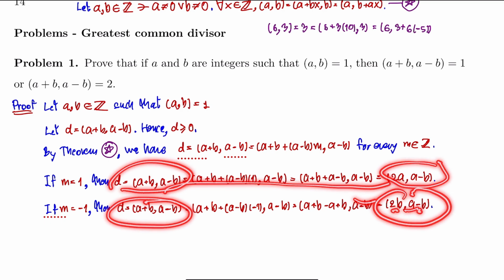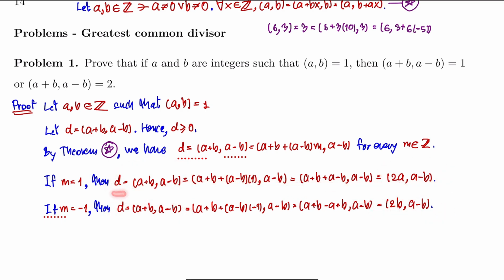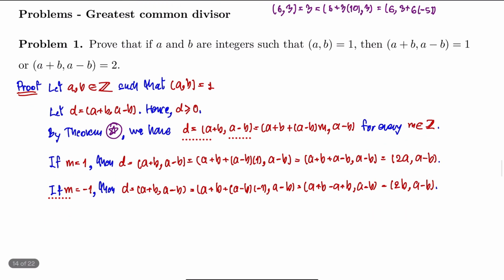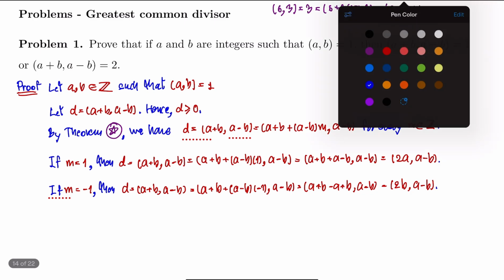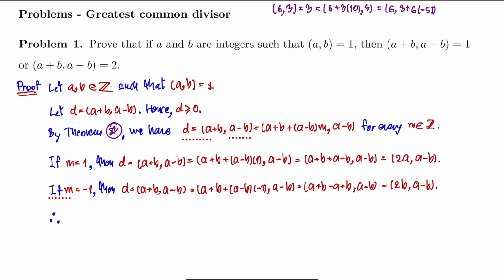What does it mean by this? So d is the greatest common divisor of these two numbers. That means that we gotta have d divide 2a, d divide 2b, and d divide a minus b, right?